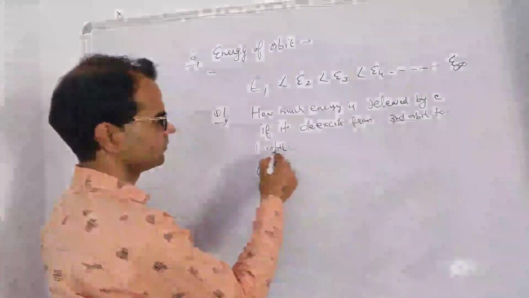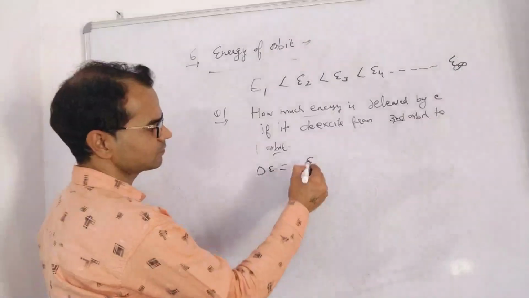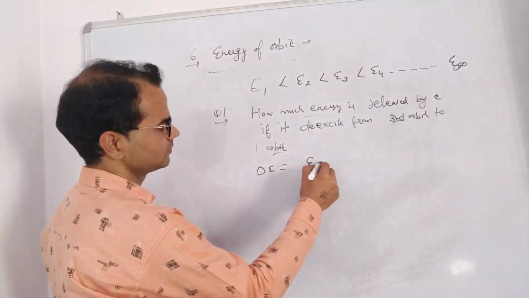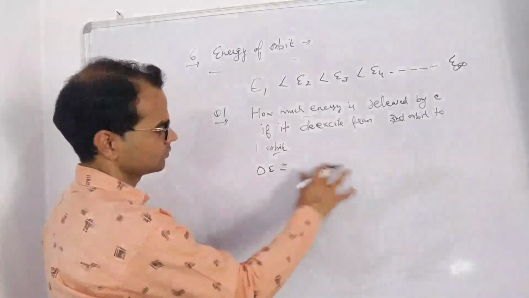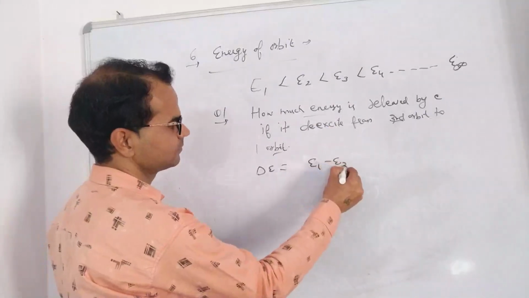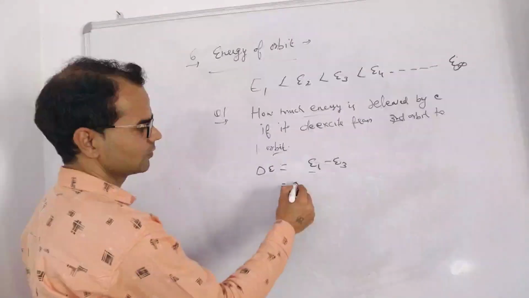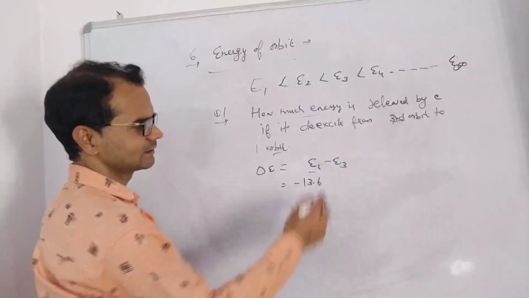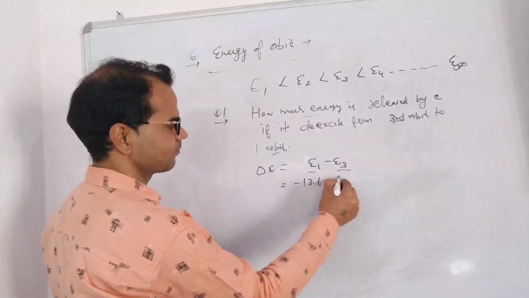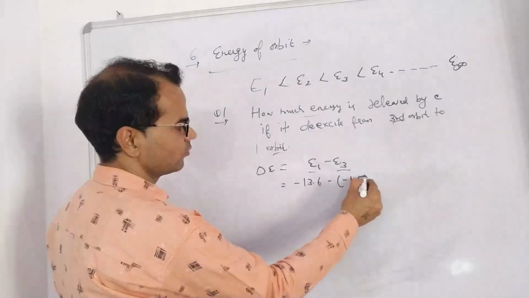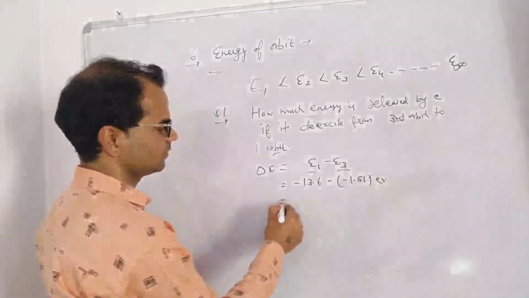Jumping from third to first, delta E is E1 minus E3. The energy of the first orbit is minus 13.6. For the third orbit it is minus 1.51 electron volt.